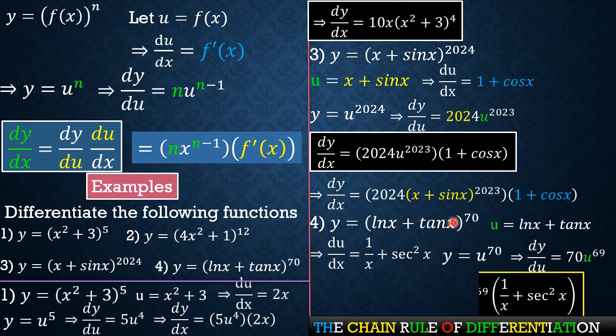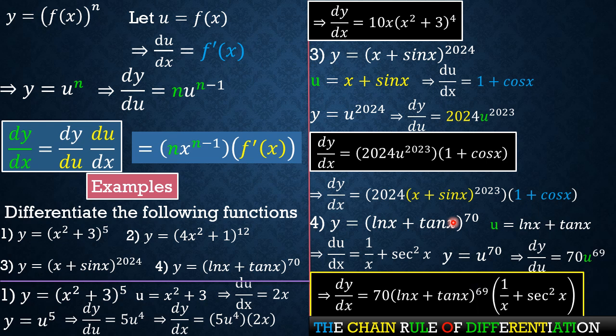Then dy by dx simply becomes, we plug in everything: dy by du, which is 70 u to the power 69, but u is the natural log of x plus tan x, so we have it here, times du by dx, which is what we did initially, 1 over x plus sec squared x. That's what we have here, friends.